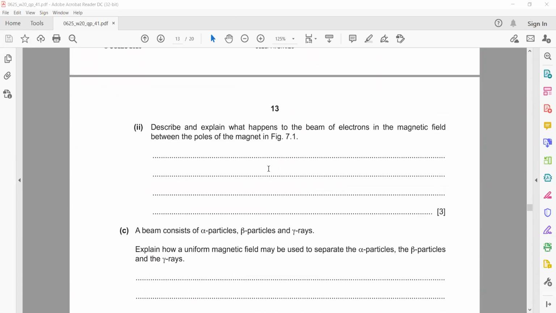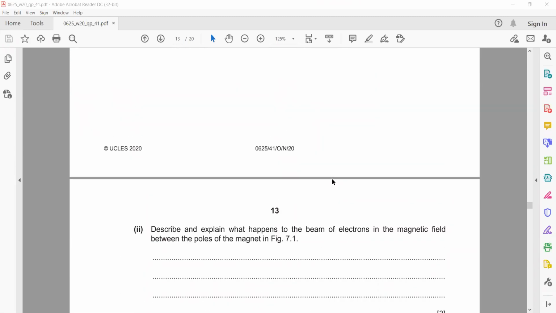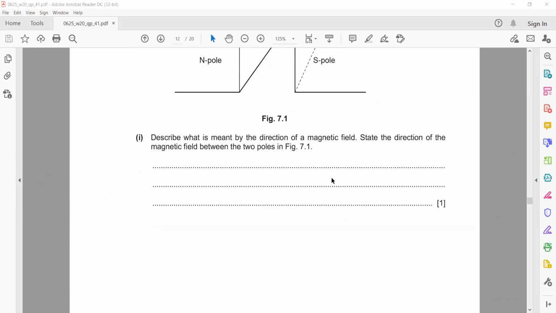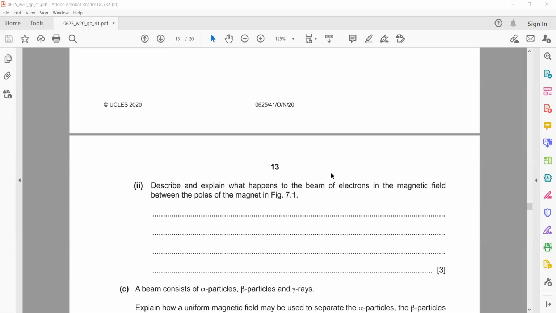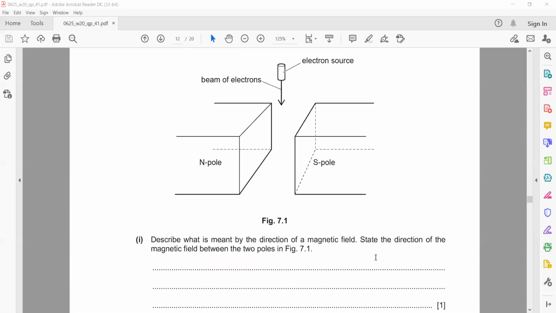Describe and explain what happens to the beam of electrons in the magnetic field between the poles of the magnet. So what happens to the beam of electrons as it moves perpendicular to a magnetic field? Yes, it's beta, or electron, so we'll use the right hand. First thing you will mention: whenever the beam is moving perpendicular to the magnetic field, it will experience a force and move in a circular or curved path.